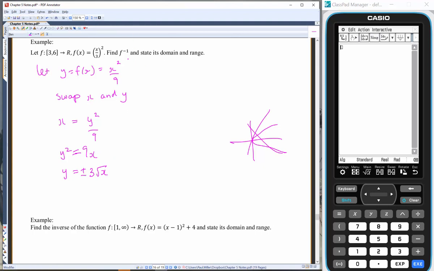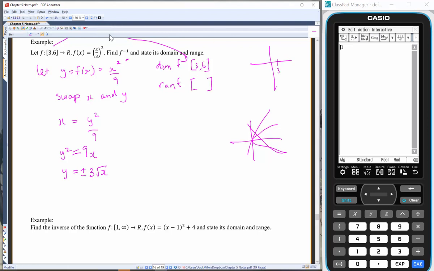Well, these questions should always start with you listing the range and domain of the original and the inverse. So let's do it. The domain of f is going to be 3 to 6. We know that from the function. The range of the function, now how are we going to know what the range is going to be? Why don't we just do a quick sketch?